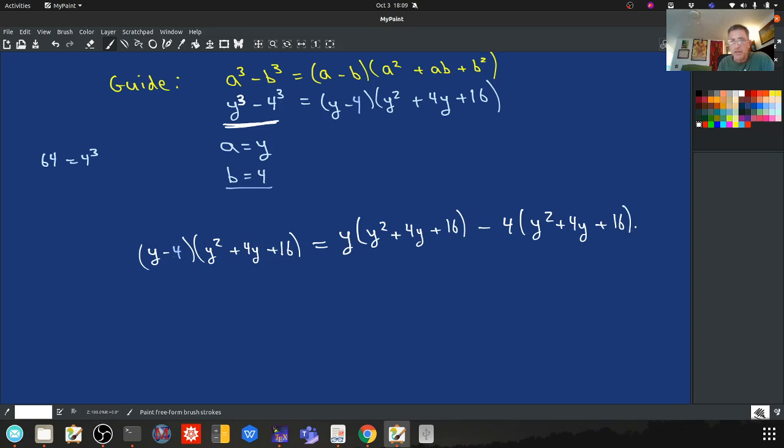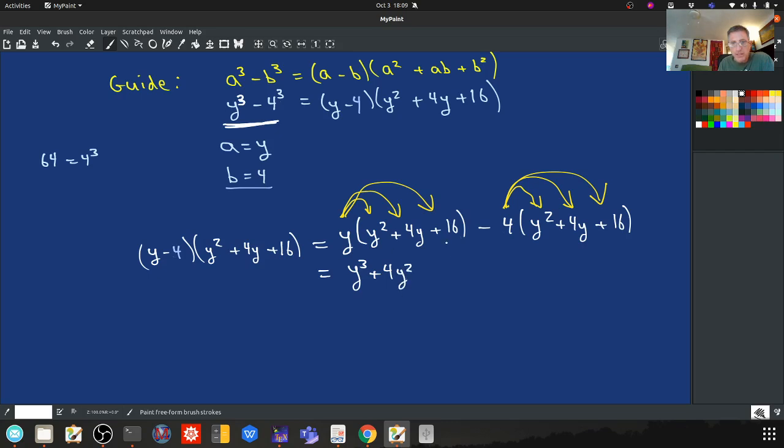So this is a good exercise. So again, we're just using distribution, and then we'll be simplifying terms. So y times y squared is y cubed. Y times 4y is plus 4y squared.